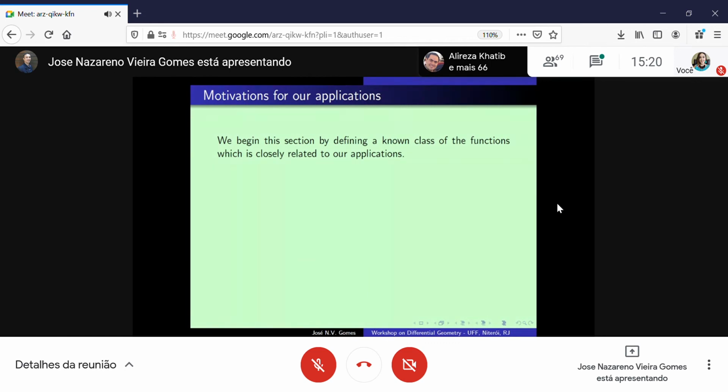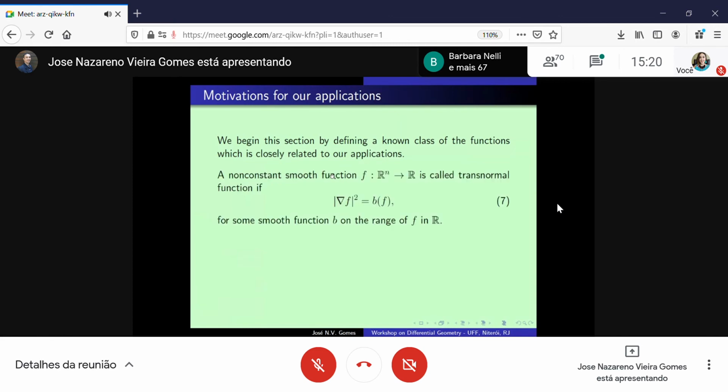Motivations for our applications. We begin this section by defining a known class of functions which is closely related to our applications. A non-constant function f is called a transnormal function if it satisfies this equation.